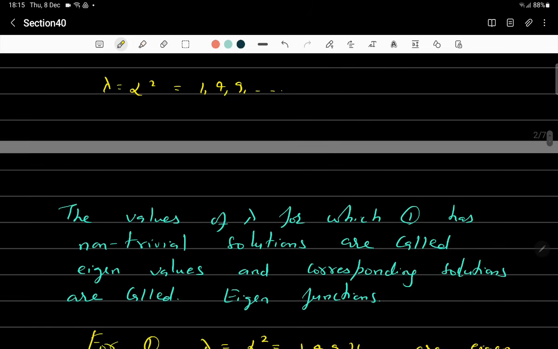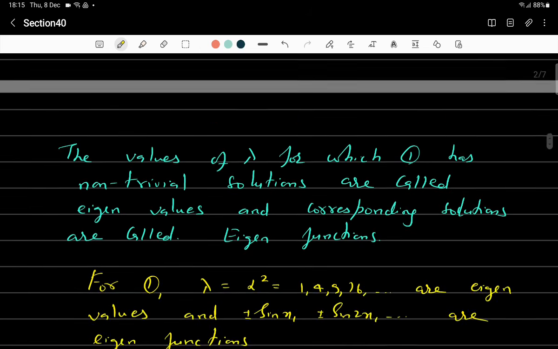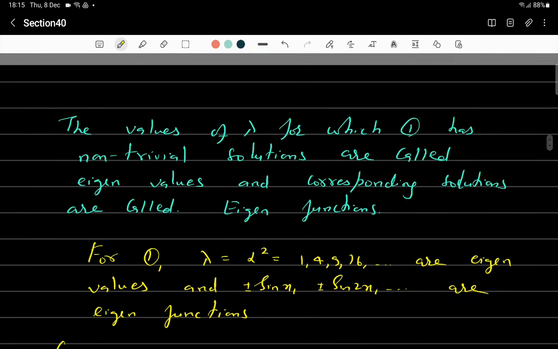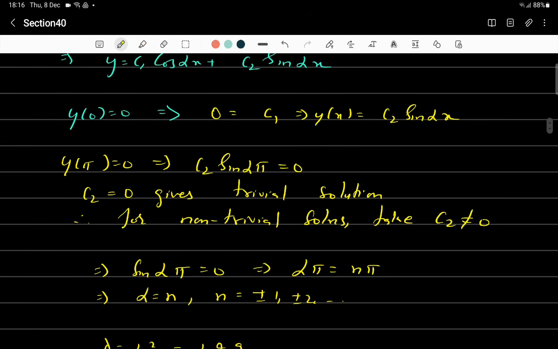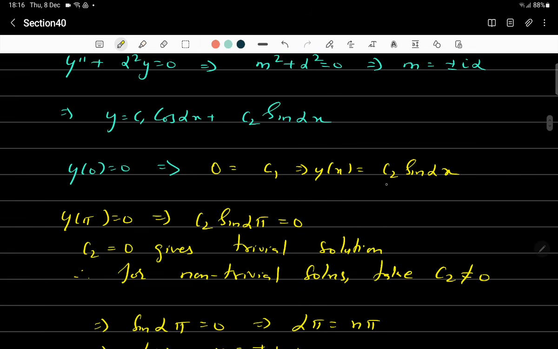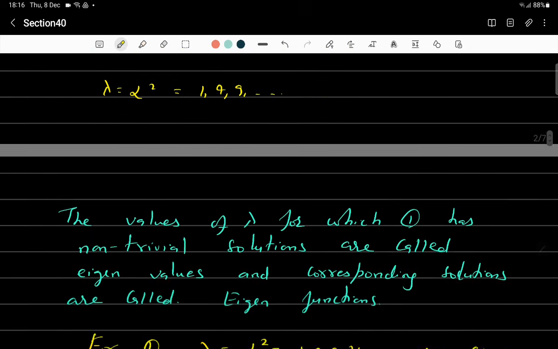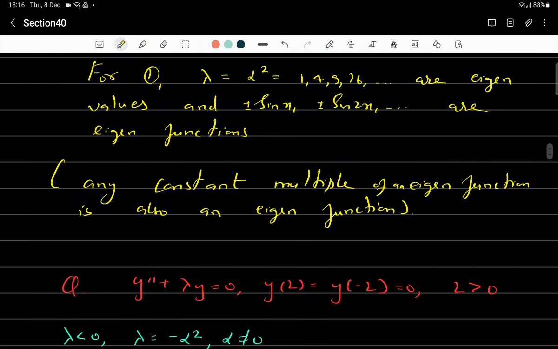So the values of lambda for which the given equation has a non-trivial solution are called eigenvalues, and corresponding solutions are called eigenfunctions. For the given equation, the eigenvalues are 1, 4, 9, 16, and I got y of x to be c2 sin alpha x.